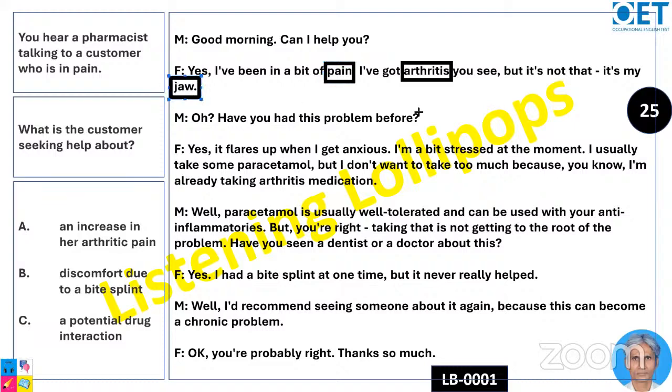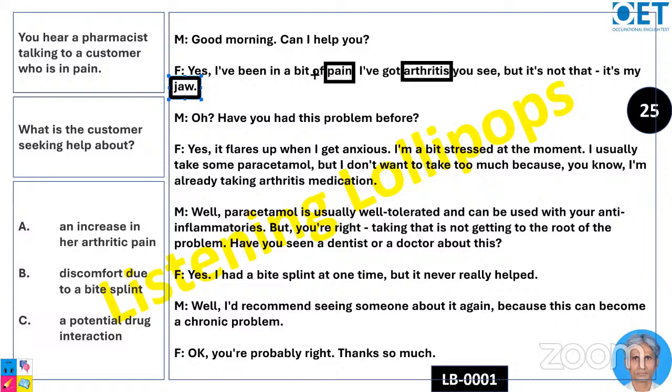The problem is with the jaw. Arthritis is not the problem. It's not that pain because of this. It's my jaw.